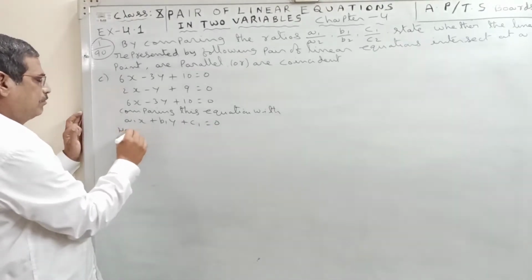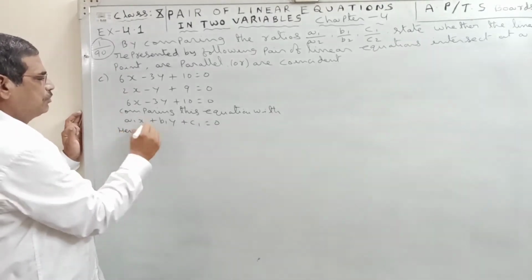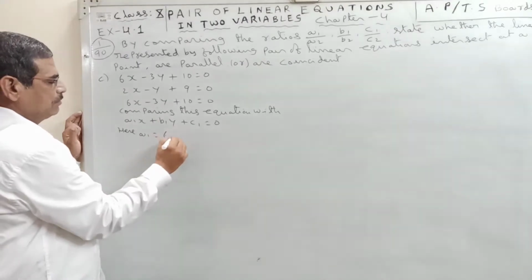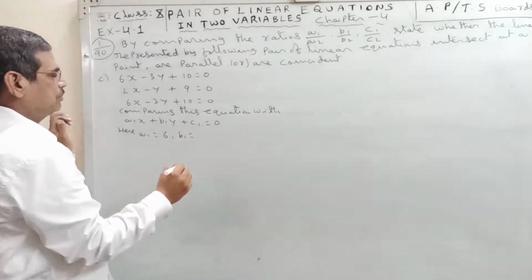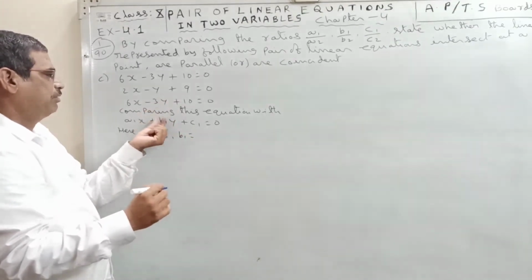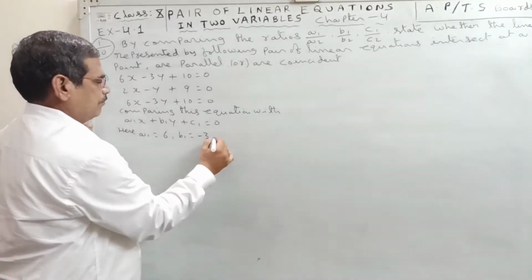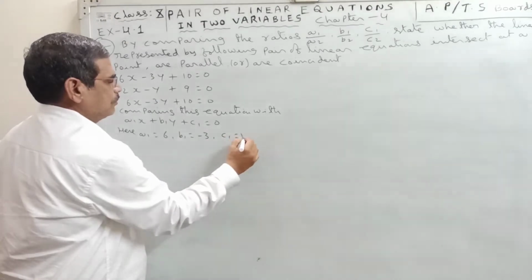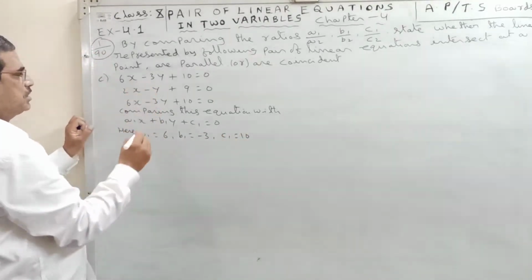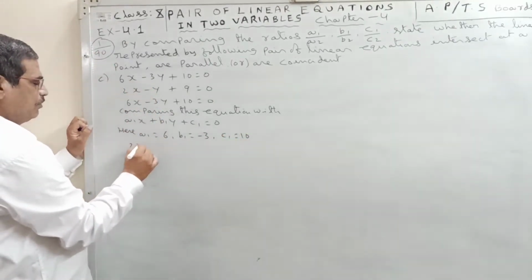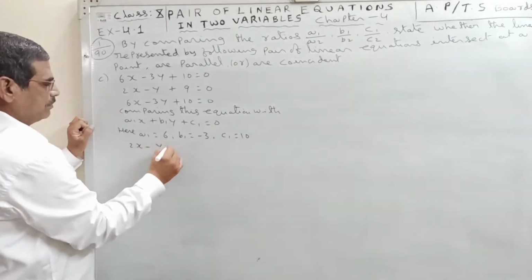Here a1 is equal to 6, b1 is equal to minus 3. We have to write it with the sign also. c1 is equal to 10. In the same way, the second equation. Very easy chapter.